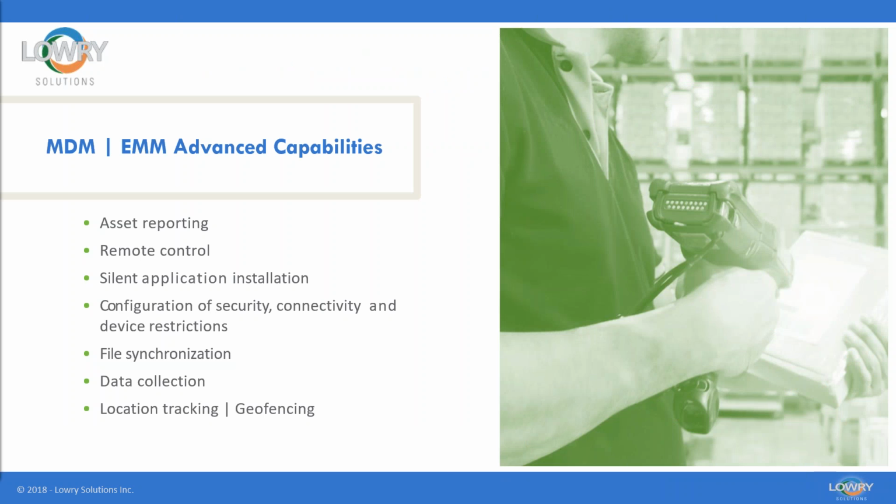So just to summarize why EMM is so critical in today's day and age, and really non-negotiable today, it's because of the efficiency of your asset reporting, your remote control ability to get into the devices. So your silent application installations, your configuration of the security settings, the profiles, the connectivity, the device restrictions. You can do things like file synchronizations, which are really convenient, especially for backups and things like that.